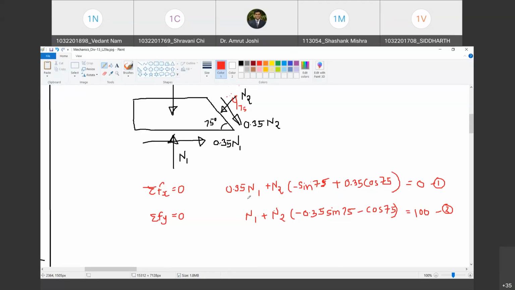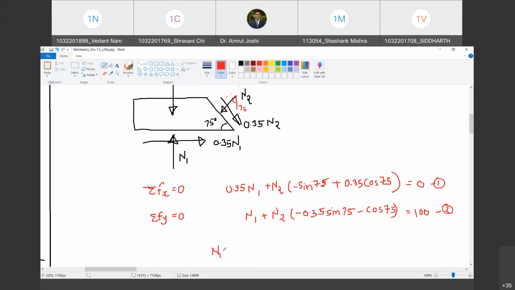This is 0. Then next, 1, then minus 0.35 sin 75 minus cos 75. This is equal to 100. Tell me how much you are getting.